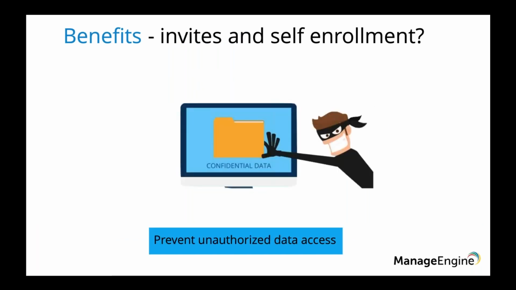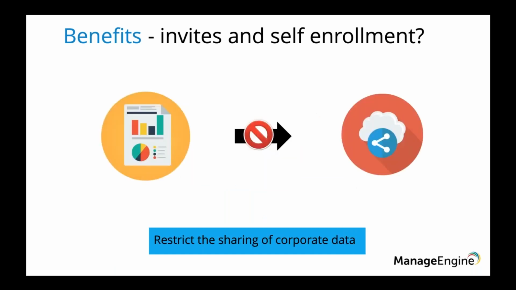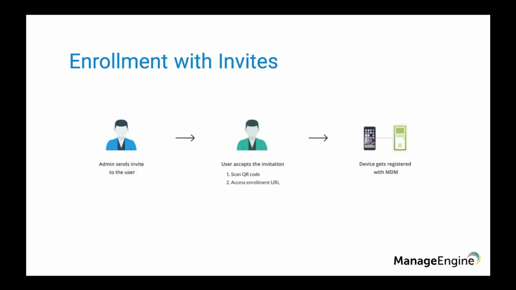You can prevent unauthorized data access, like WhatsApp trying to access an Office 365 folder, etc. So you can prevent unauthorized access by other applications, and you can also restrict the sharing of data from your corporate applications over to your personal applications as well. So there would be a workspace created and all of your data would be within that workspace itself.